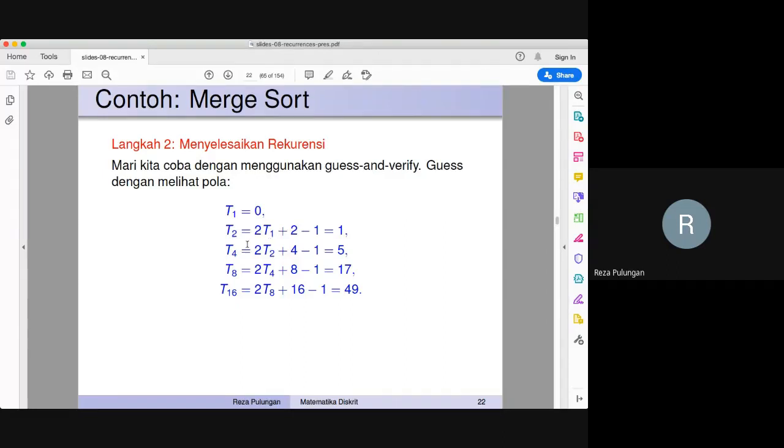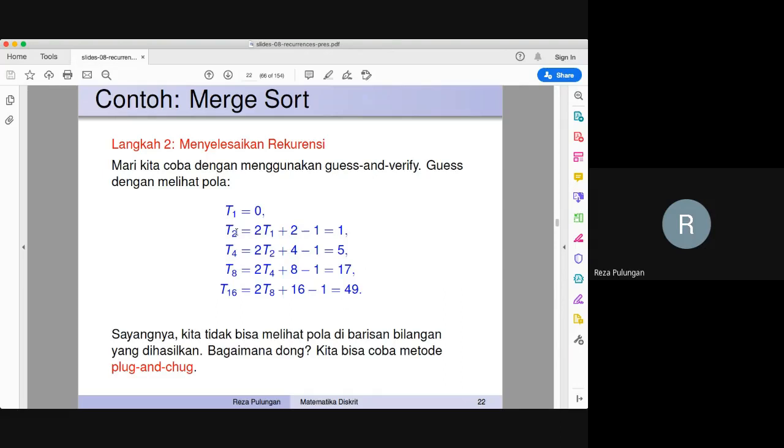Well, we can continue with T4. T4 is equal to 5. T8 is equal to 17. T16 is equal to 49, and so forth. But it is not easy to see from this sequence what the pattern is. It is not easy to guess. You see?